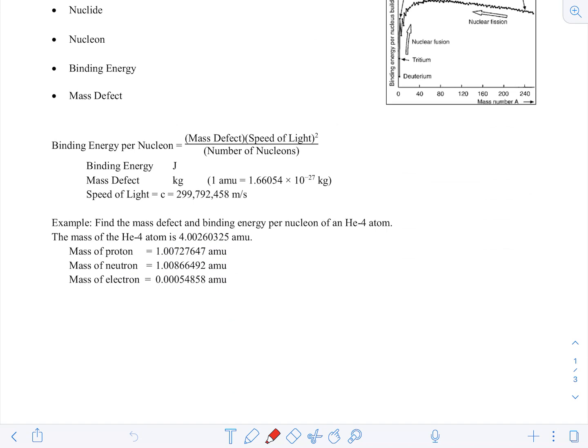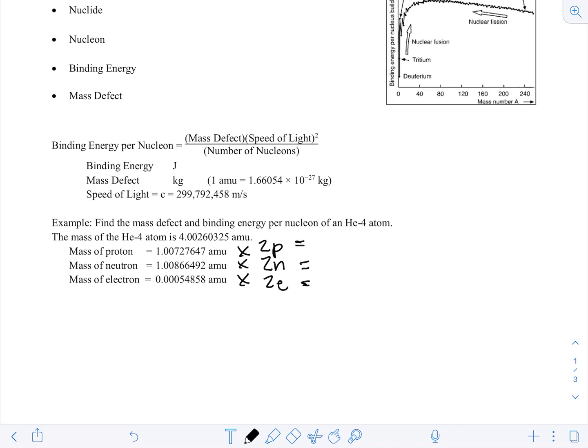So how do you do that? Well, first you need the mass of protons, neutrons, and electrons, and you want to multiply each by the number of particles for that isotope. So we have 2 protons for helium, 2 neutrons for helium, and 2 electrons.